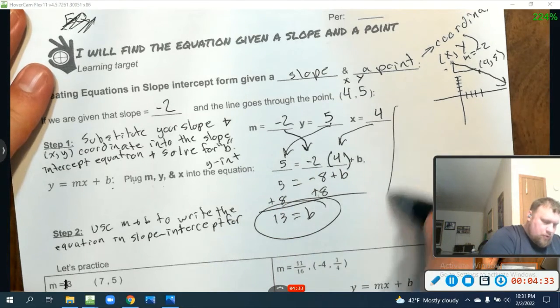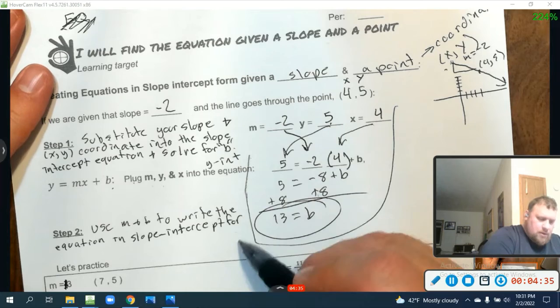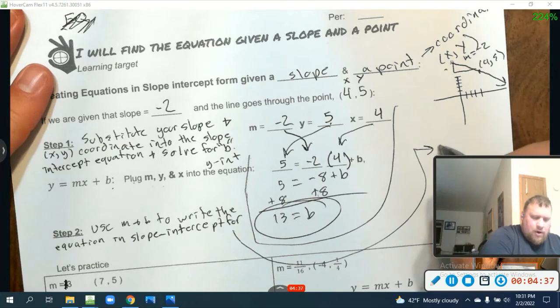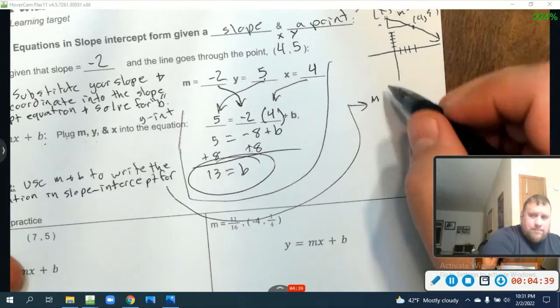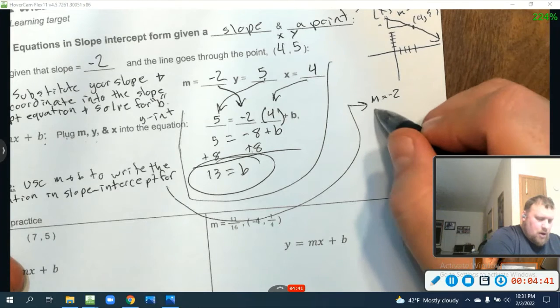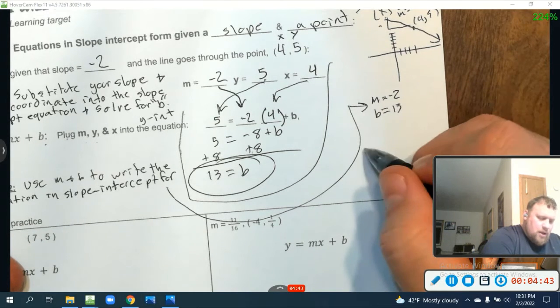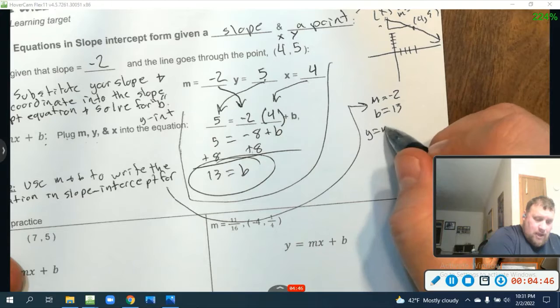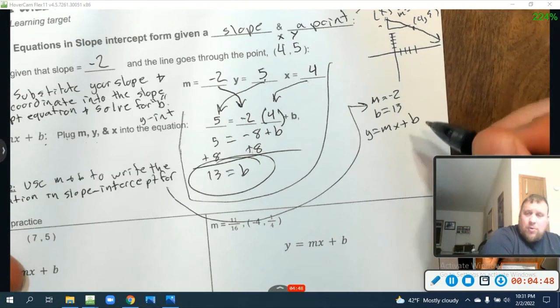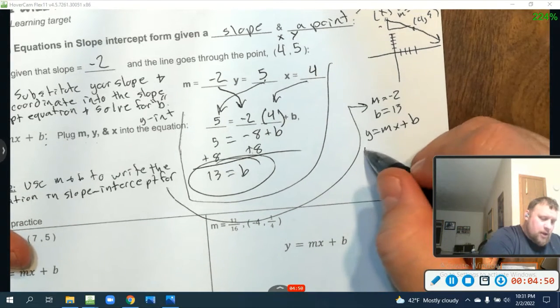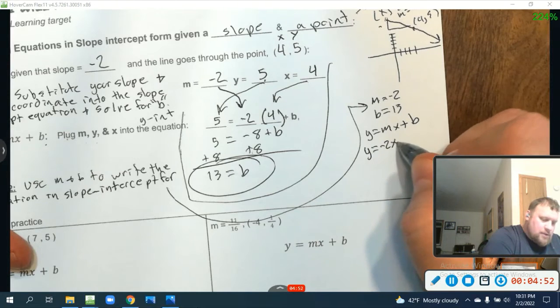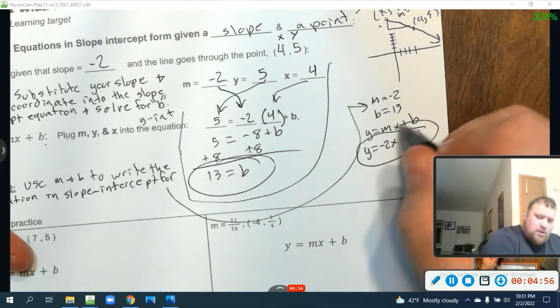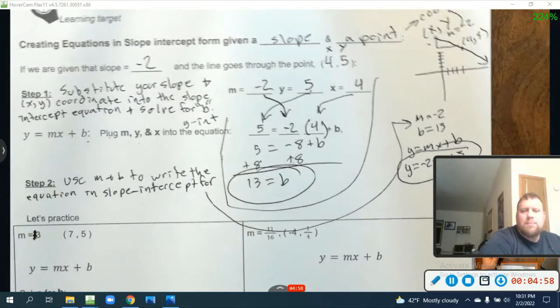If we know that our m is -2, and our b we just solved for is 13, then for y equals mx plus b, to get the general equation of a line, we just need to plug those in. So y equals -2x, and since it's a positive 13, it'll be plus 13. That is our answer. Boom.